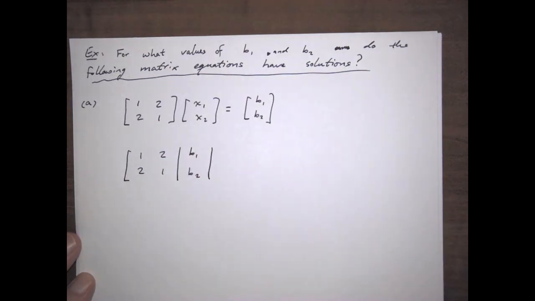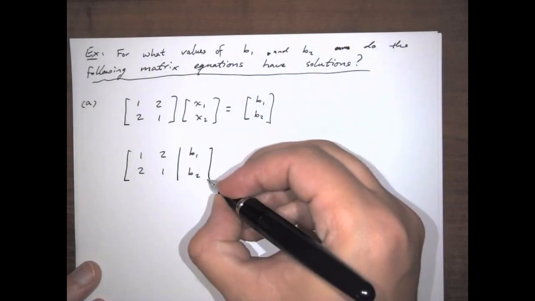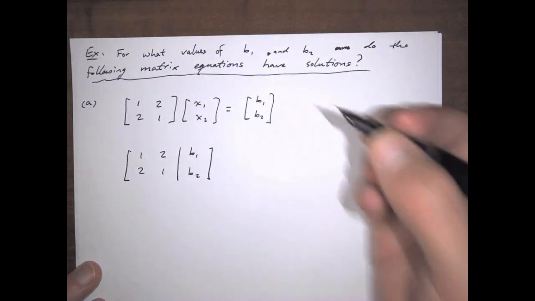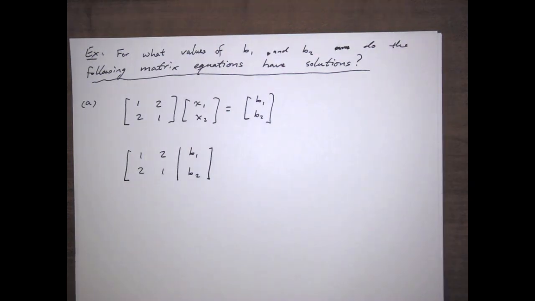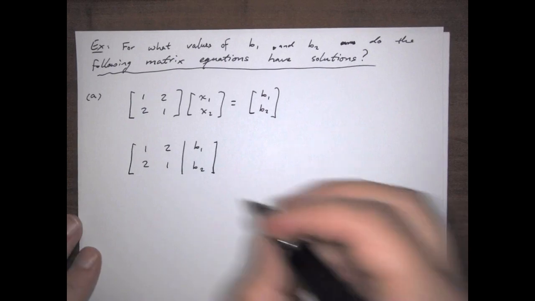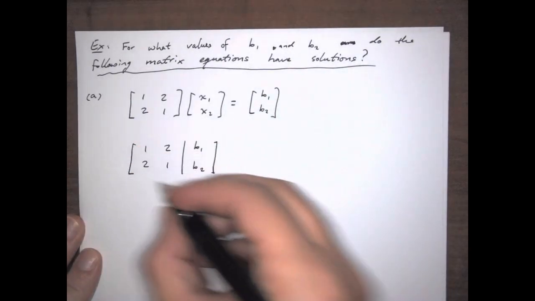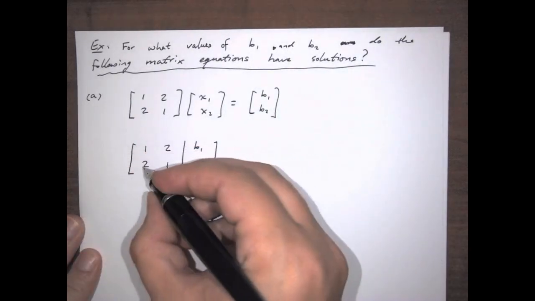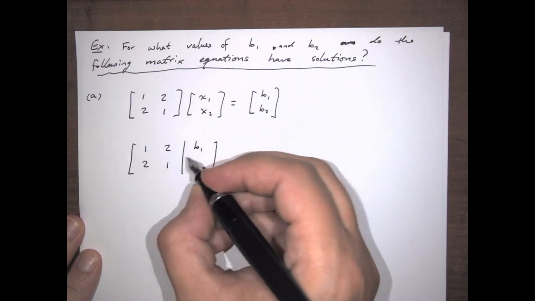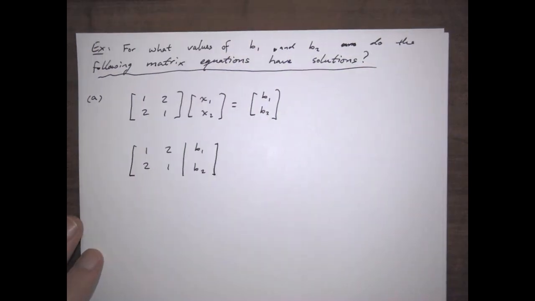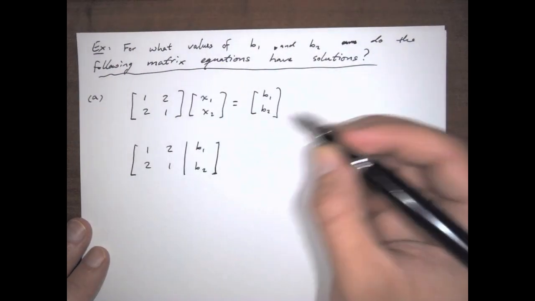It looks like this: 1, 2, 2, 1, b1, b2. Now, if this is the same thing, then we should look for what would make this consistent or inconsistent. In particular, we would be looking for whether a row reduction of this will lead to something of the form 0, 0, non-zero.